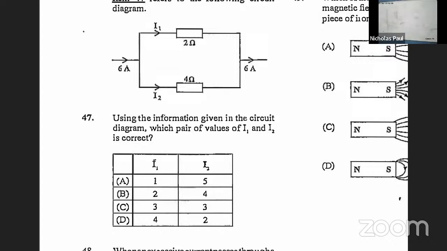Using the information given, what do you think will be the current pairing? Please remember that the higher the resistance, the smaller the current. So the one with the higher resistance should have a smaller current. What do you all think here?